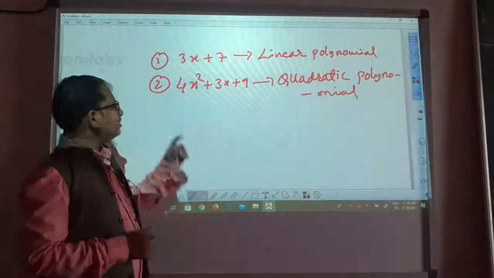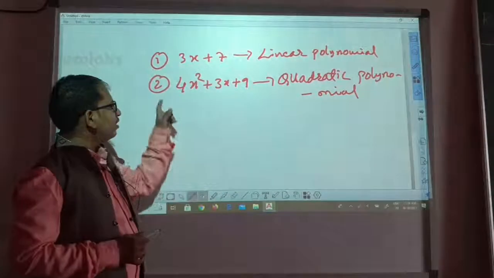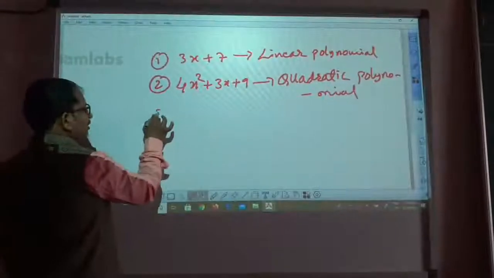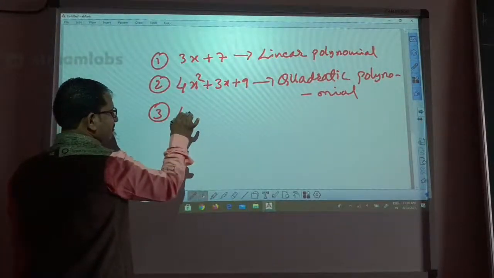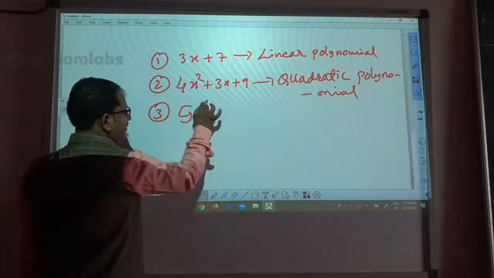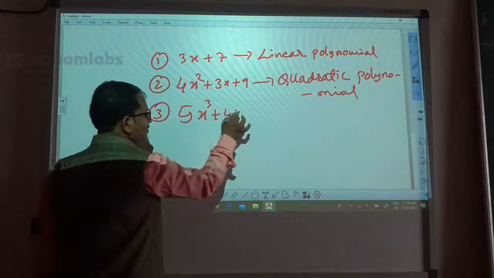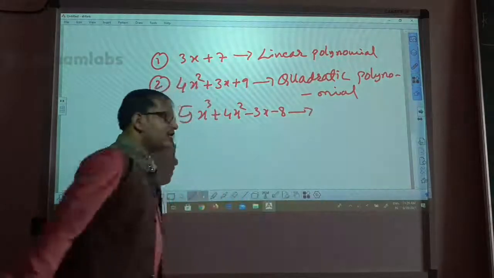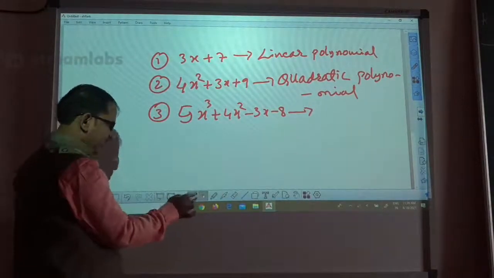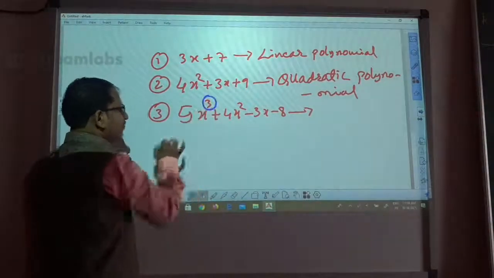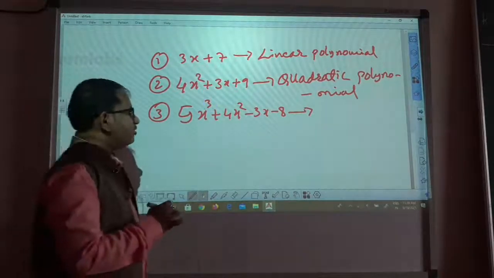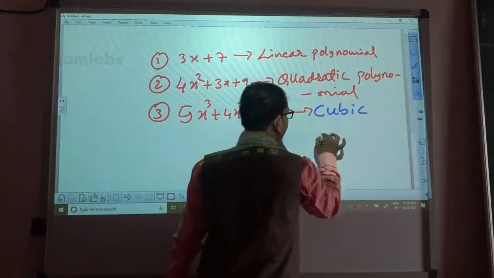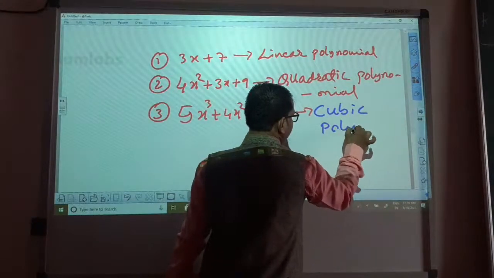Linear polynomial means the power should be 1. Quadratic polynomial means the power should be 2. If you write 5x cube plus 4x square minus 3x minus 8, what is the highest power here? It is 3. So this is called a cubic polynomial.